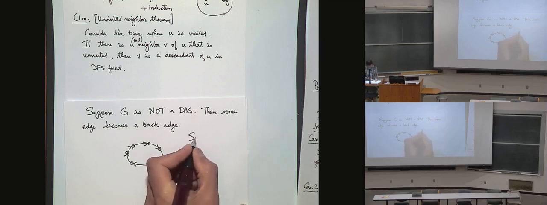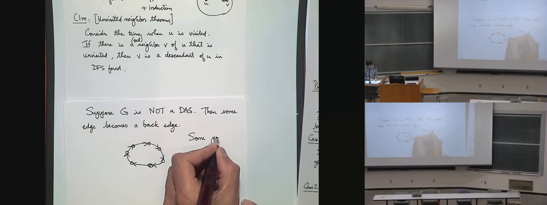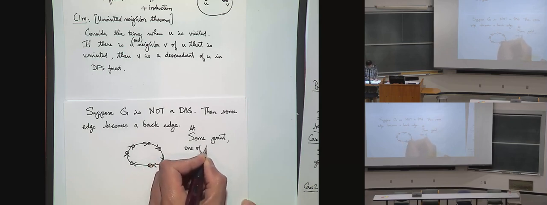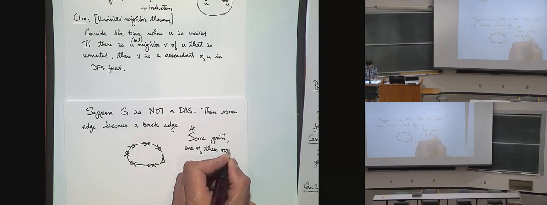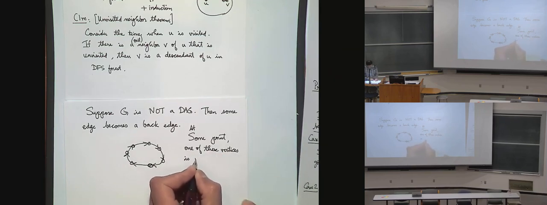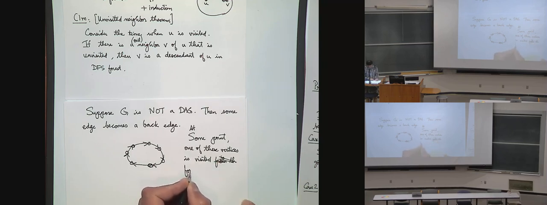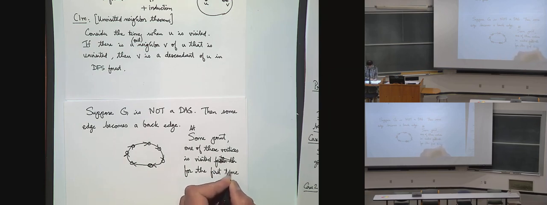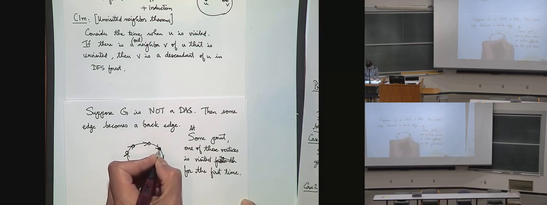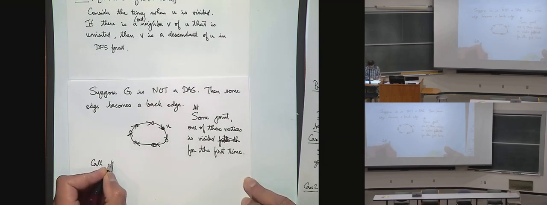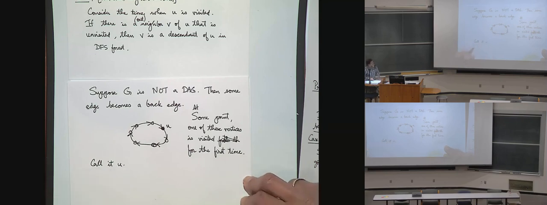So consider some point at which one of these vertices is visited, I should say, for the first time. Call this U. Okay?